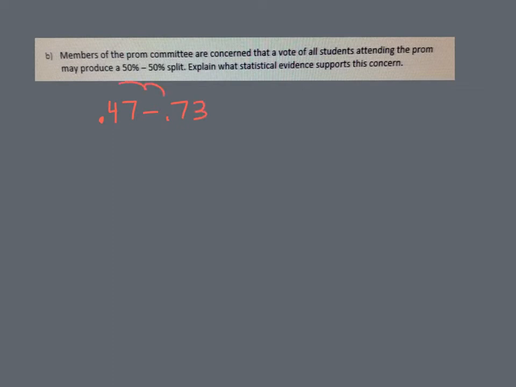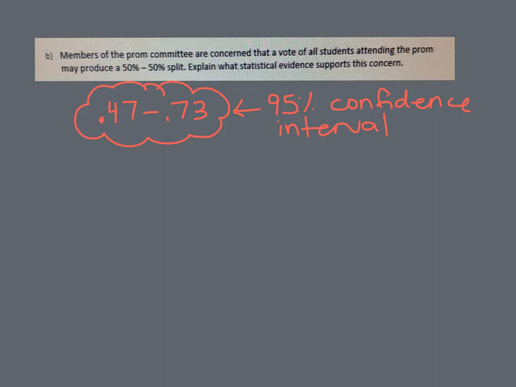Okay, this right here is called our 95% confidence interval. So anything that lies in that interval is a very likely outcome to happen, okay? We call that a usual occurrence. Anything within that interval could easily happen. It's just anything outside that interval that we don't expect to happen.